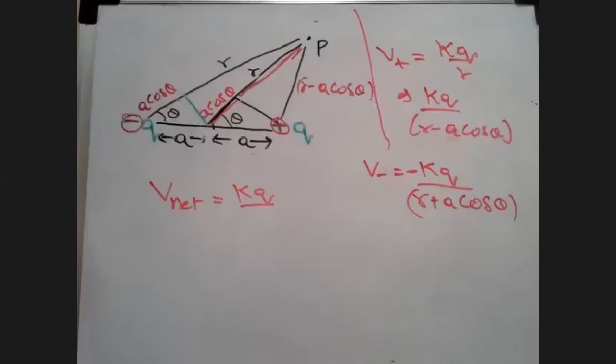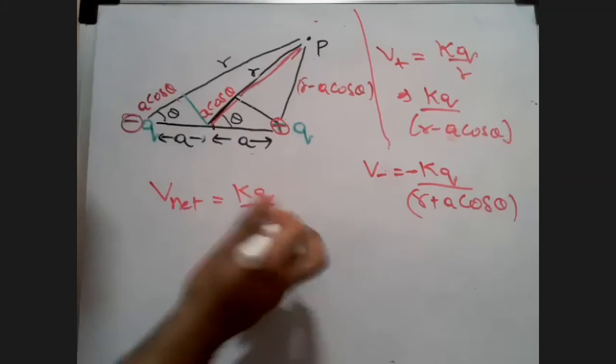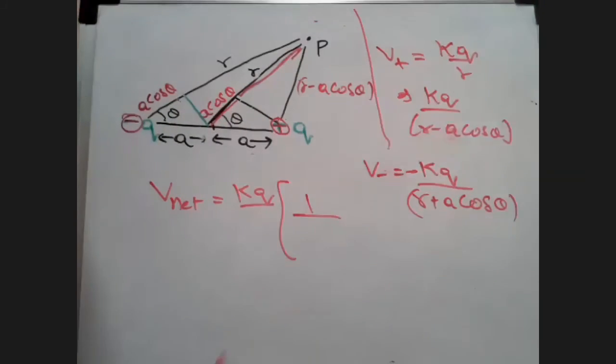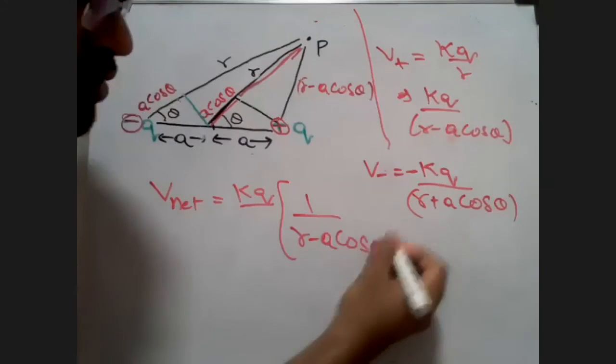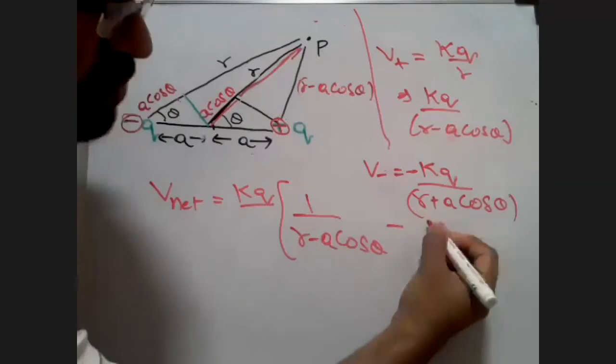So now tell me the net potential. KQ upon R minus A cos theta, minus KQ upon R plus A cos theta.